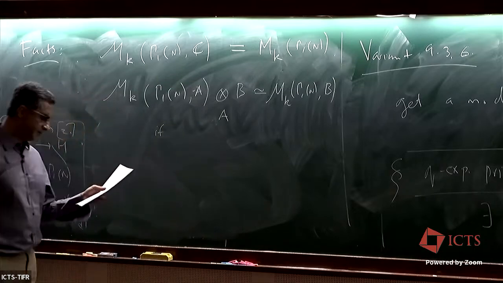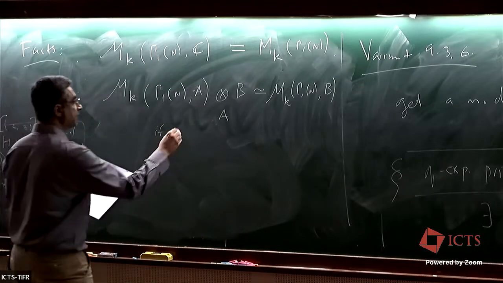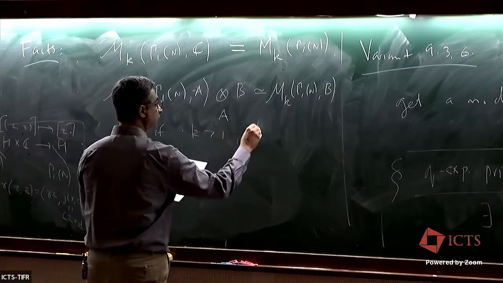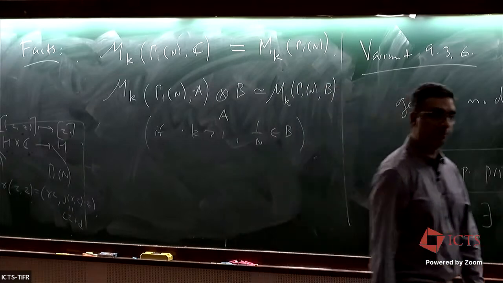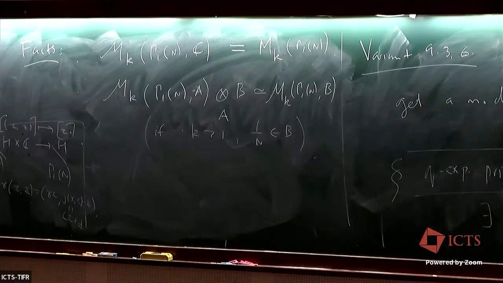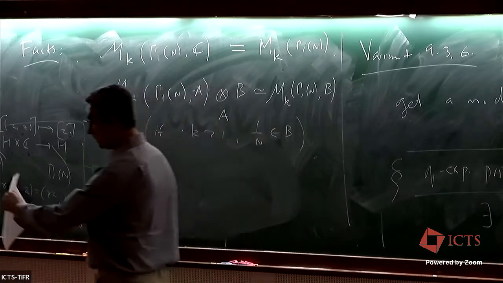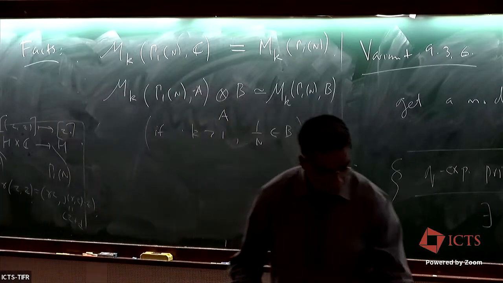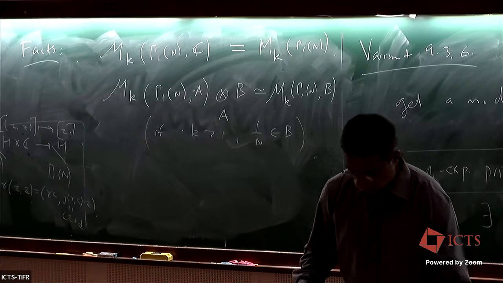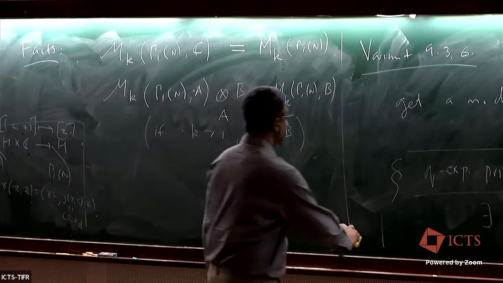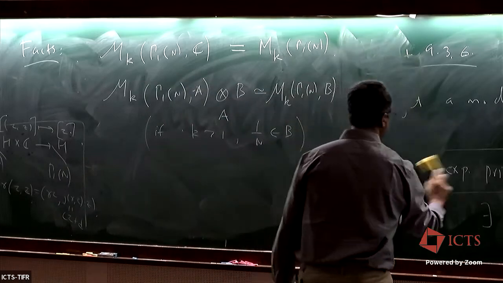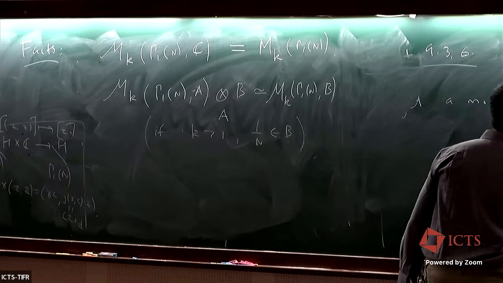For example, if B is A-flat is one of them, but let's write a simpler one: N is bigger than 1 and 1/N belongs to B. So we're going to be working with A to be Z and B to be the complex numbers soon. So 1/N is certainly in the complex numbers. Okay, so right, let's go back now to, those were some generalities on modular forms over various rings.